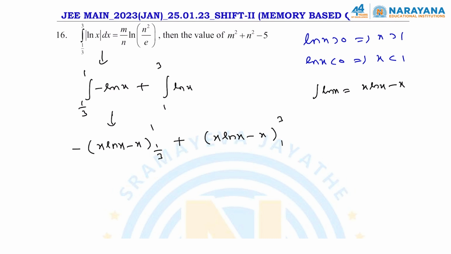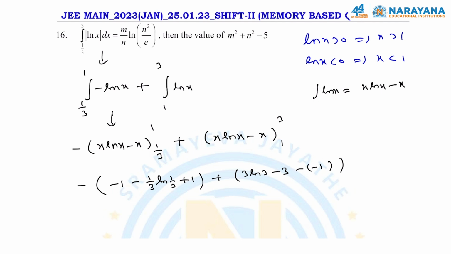Now if you substitute and simplify, minus of, if I substitute 1, it will be 0 minus 1, minus 1 by 3 into ln 1 by 3 plus 1, because minus of it will be there, plus 3 ln 3 minus 3, minus of minus 1.